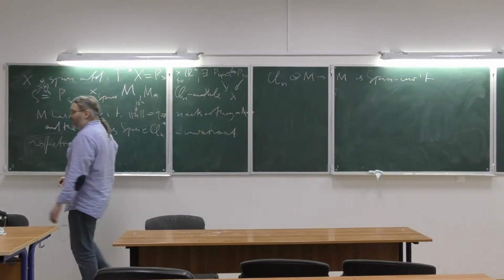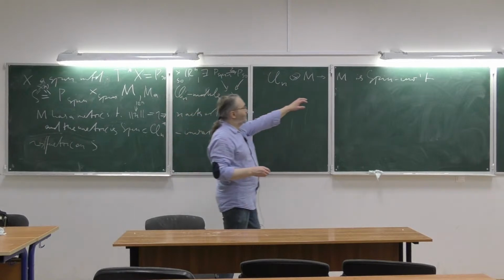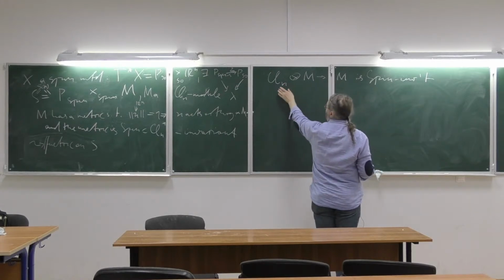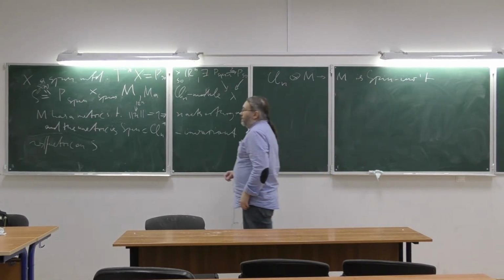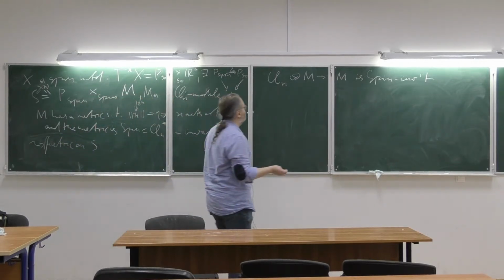Let's have a look. We have the group spin, which acts on M and on Cl_n, but it acts on Cl_n by conjugations.